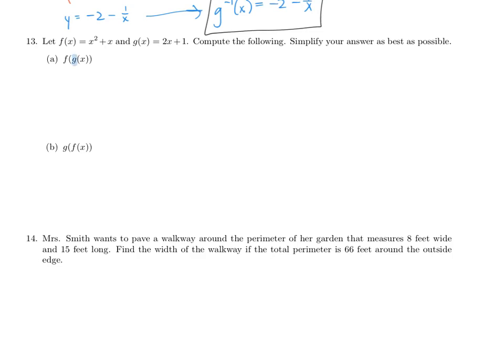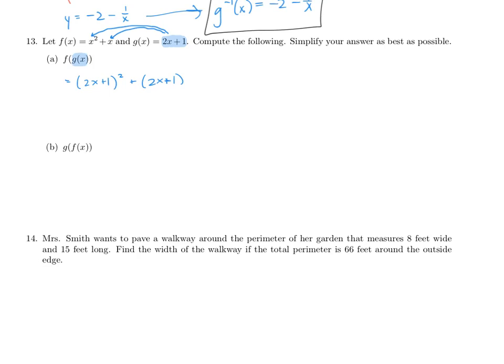So here what we're doing is we're taking g of x and we're plugging it into f. So we want to take g of x and plug it in everywhere we see an x in the f function. So this is going to be 2x plus 1 squared plus 2x plus 1. Okay, just plugging that in.